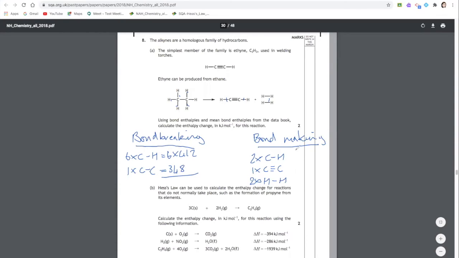I'll add that up after. Then that would be 2 times 412, and then carbon-carbon triple bond is 838. And then hydrogen is 436, that would be 2 times 436. Okay, so I'll add these up. So when you add those up, that's what you get.